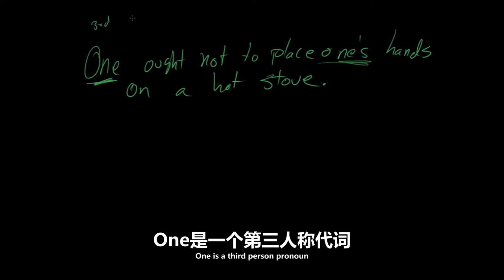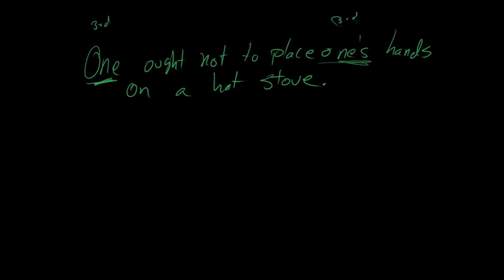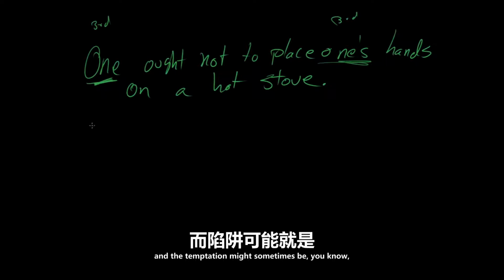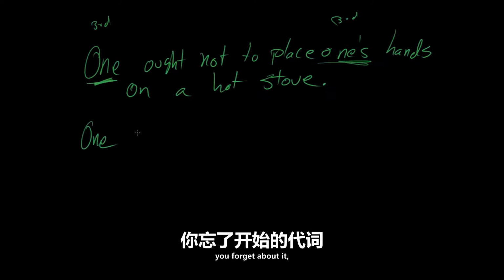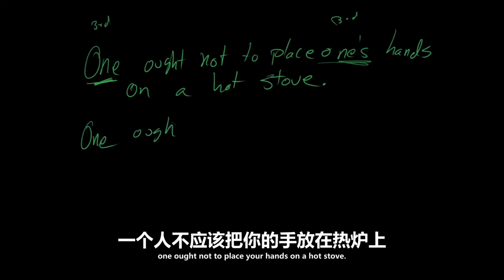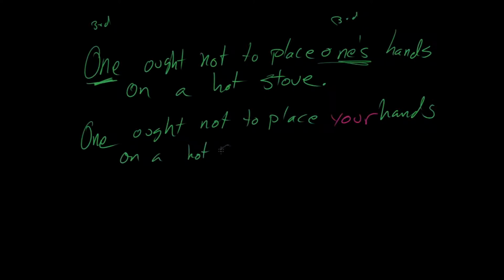One is a third-person pronoun. And the temptation might sometimes be, you forget about it. It sounds like you're saying a piece of advice. One ought not to place your hands on a hot stove.